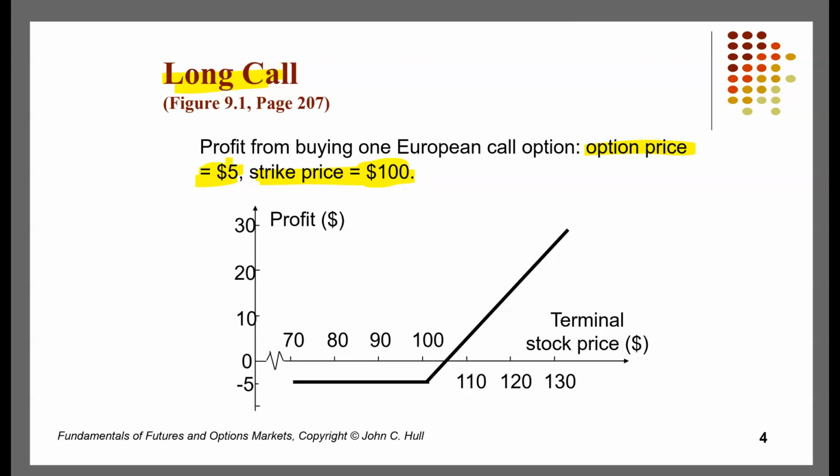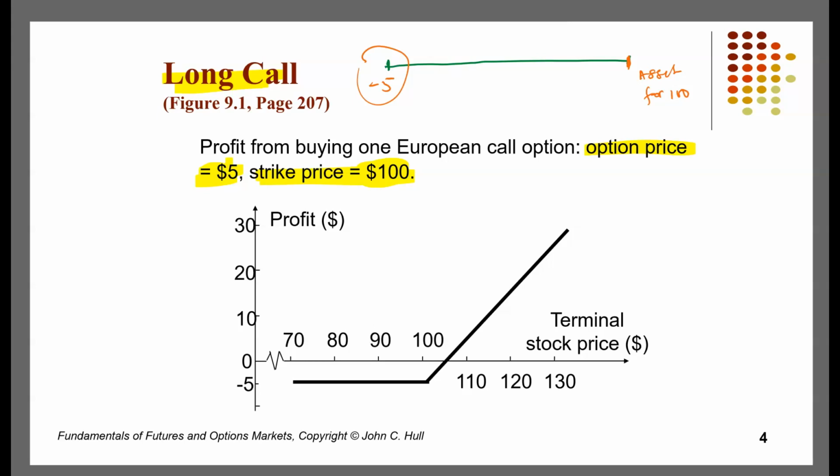And so why would we do that? Well, let's look at it this way. We are essentially paying $5 for the right to purchase at some point in the future an asset for $100, no matter what the market value of the asset is.